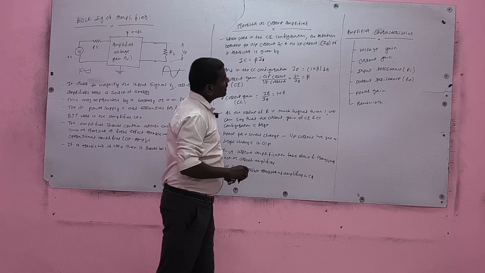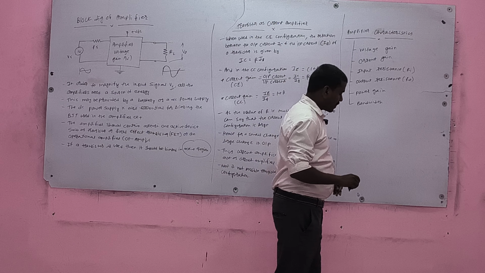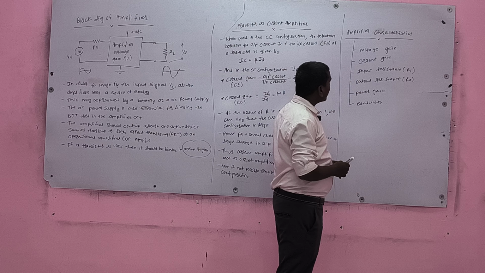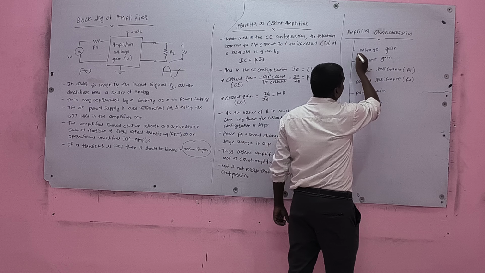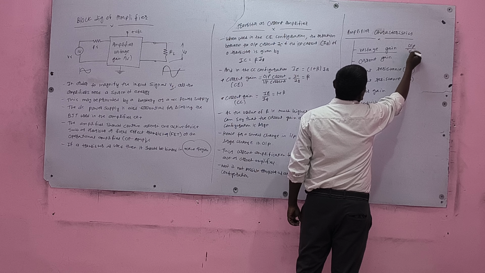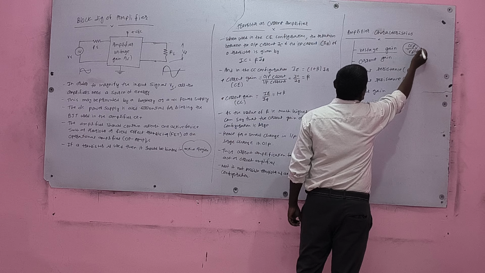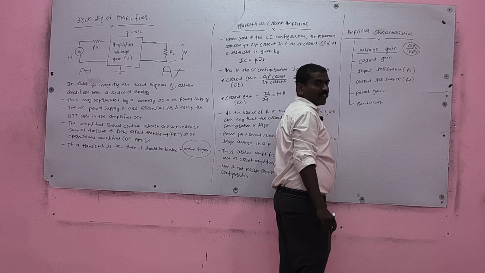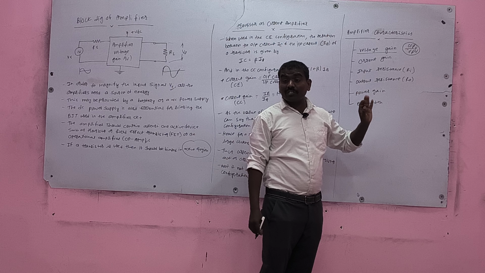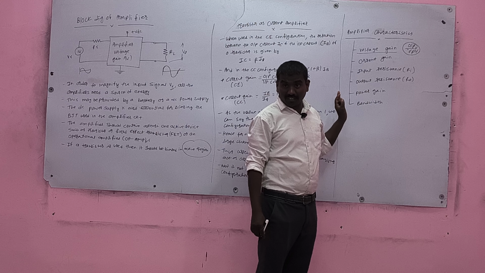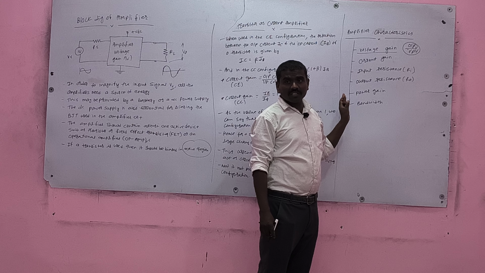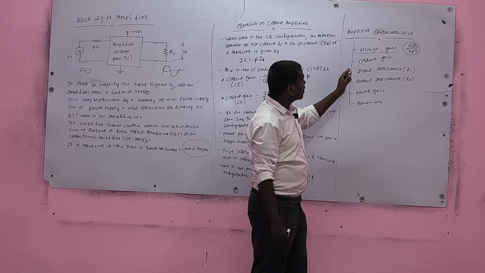So what are the characteristics of amplifier? So these are the characteristics of amplifier. First one is voltage gain. Voltage gain is a ratio of output voltage to the input voltage of amplifier. That means amplifier is a device which converts weak signal into strong signal.